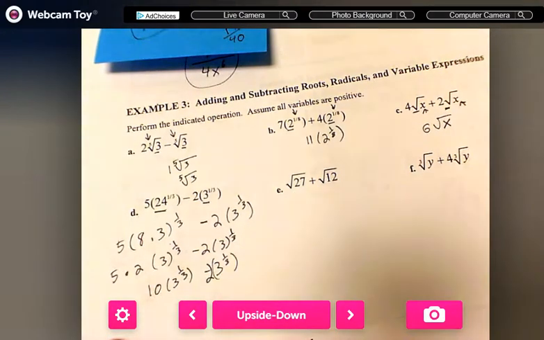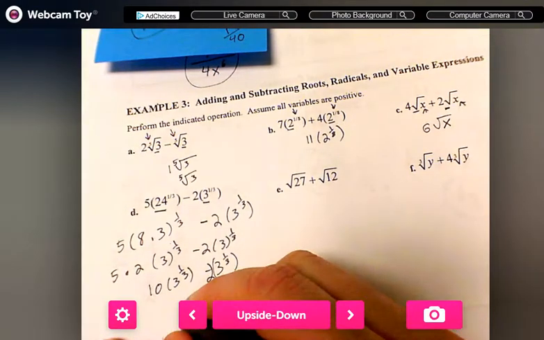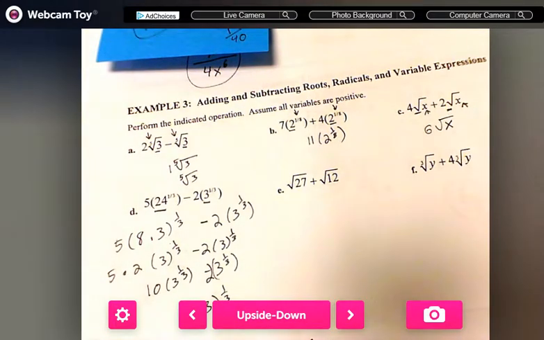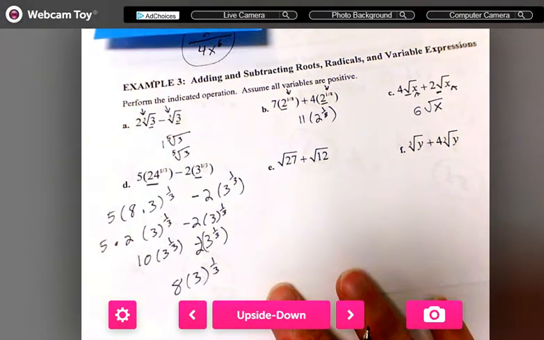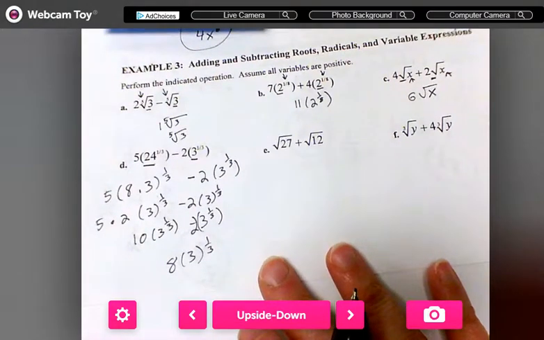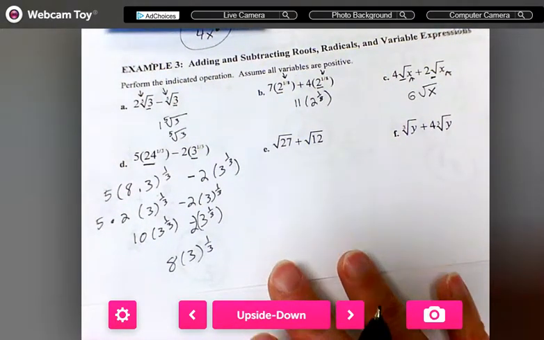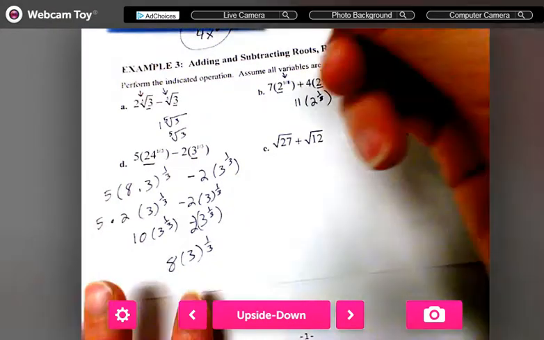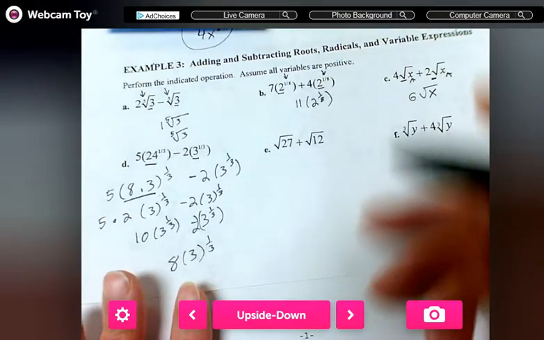What's 10 minus 2 now? 8. So 8 times 3 to the 1/3. And I'm finally done. Okay, so there was a little bit of a process here, right? We had to think about how I could change 24, and then I bring that outside the 1/3, and then I'm just subtracting. So coming up with this, I think, was the hard part.